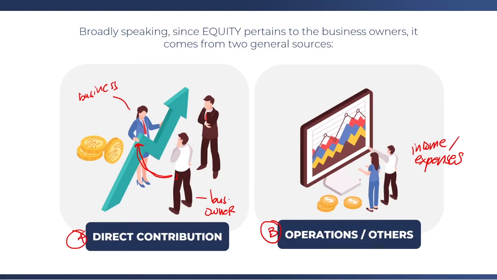In B, if this is a customer, equity will increase because there is money that came from the customer's pockets. So these are the two main sources of equity, either from owners or, broadly speaking, from the customers or the suppliers through income and expenses.